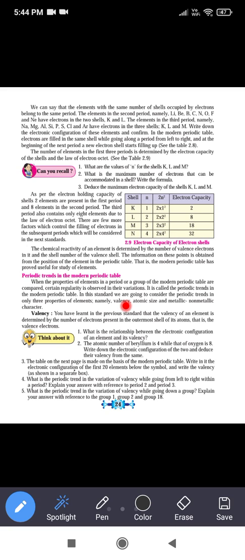In this standard, we are going to consider the periodic trend in only three properties of elements, namely valency, atomic size, and metallic and non-metallic characters.